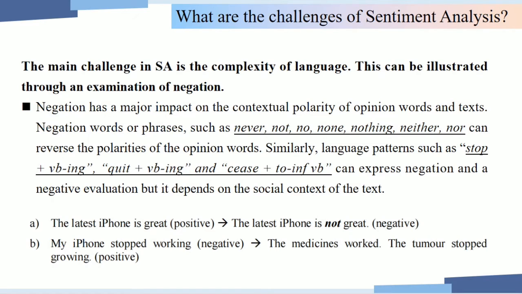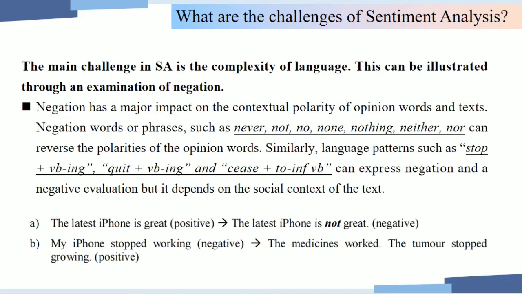Negation words or phrases such as never, not, no, nothing, neither, nor can reverse the polarities of the opinion words. Also, language patterns such as stop doing something, quit doing something can express negation and negative evaluation, but it depends on the social context of the text.